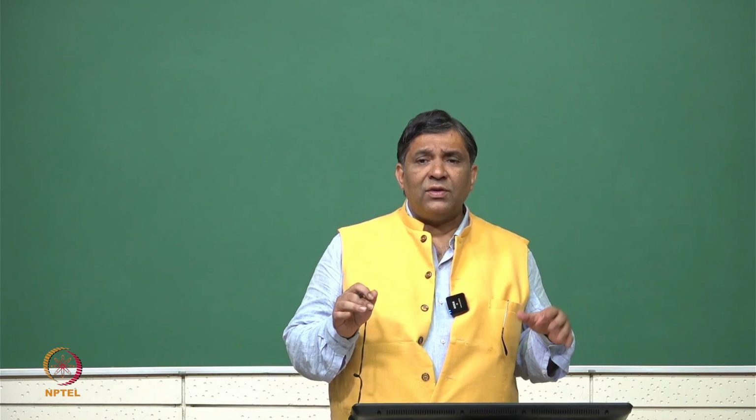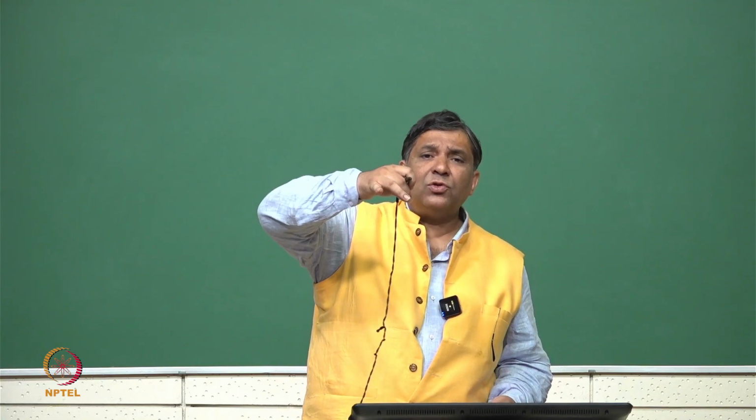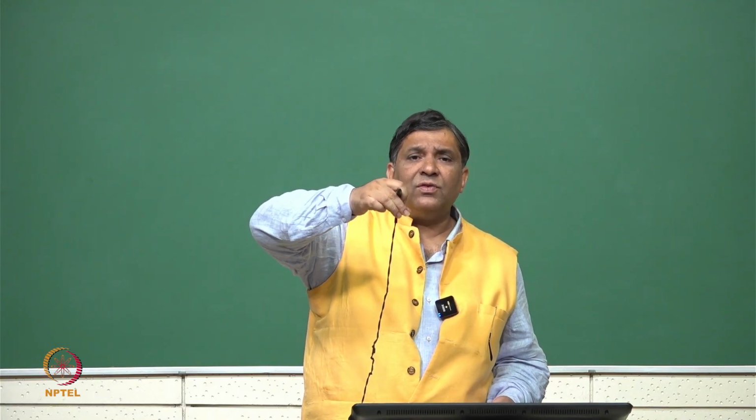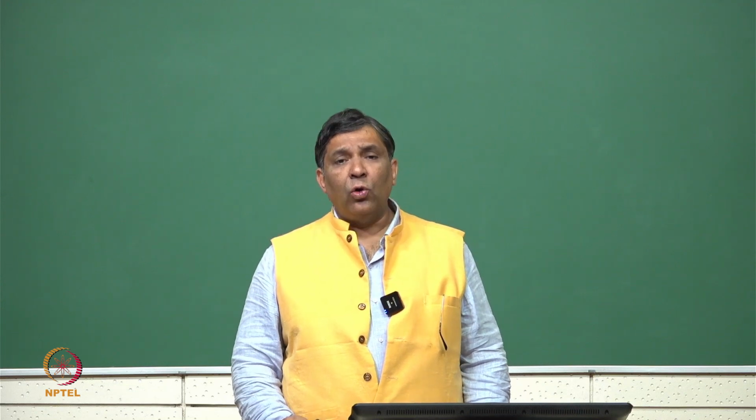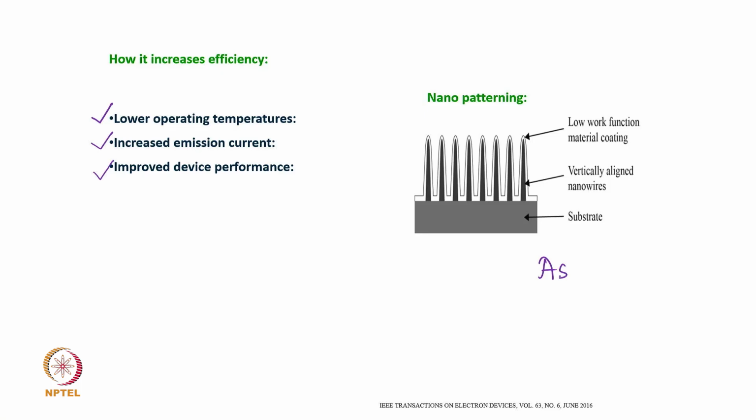Aspect ratio is in that sense that the height of this emitter should be high and the radius of this emitter should be low. Okay. So, I can write an aspect ratio. So, aspect ratio can be increased if we increase the height of the emitters and decrease the radius of the emitter. So, typically nanotube or nanowires are the choice, okay? Nanotube or vertically aligned nanowires.